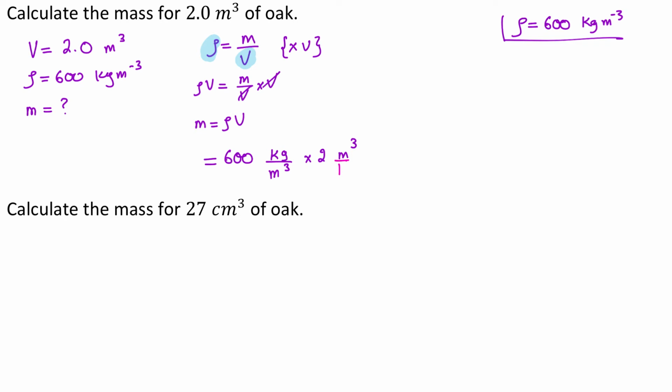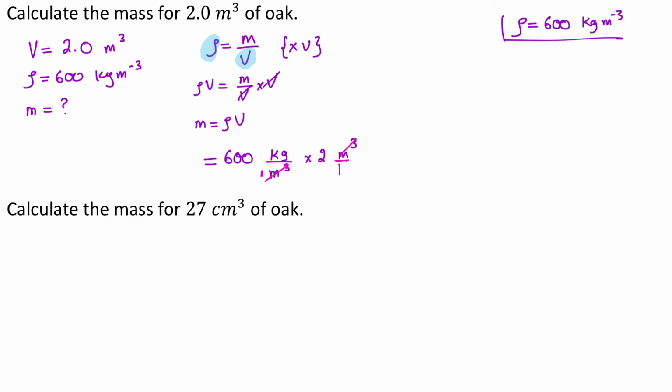It's completely up to you, but you don't need to. And here I have meters cubed in the numerator and meters cubed in the denominator. Whenever you have those, these two are going to cancel out to 1 because meters cubed divided by meters cubed is just dividing the same thing by itself, which ends up being 1.